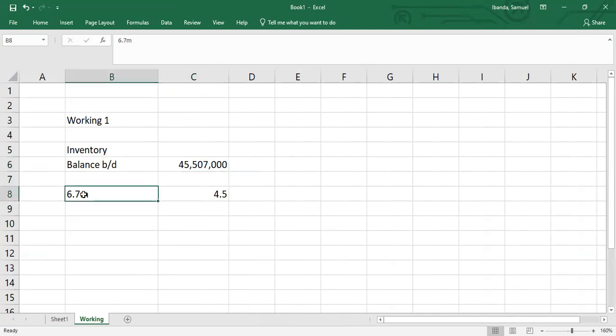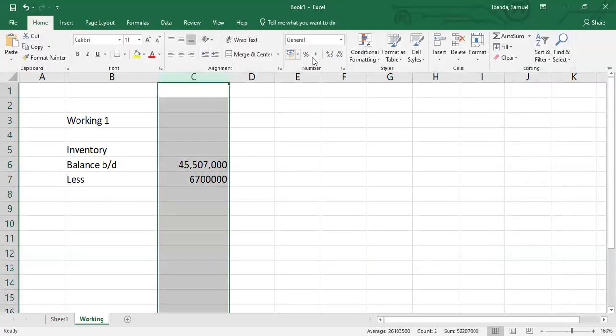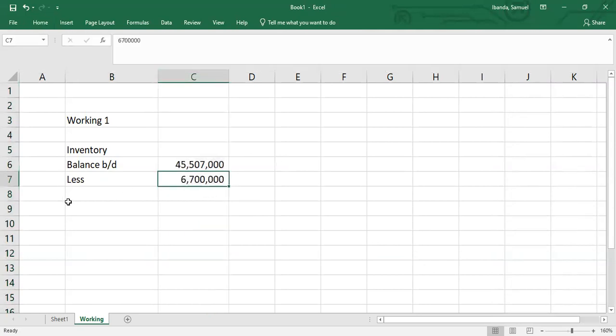Or what I'll basically do is I'll less the 6,700,000, and add back 4.5. Just to reference back and confirm that it's 4.5 and 6.7.